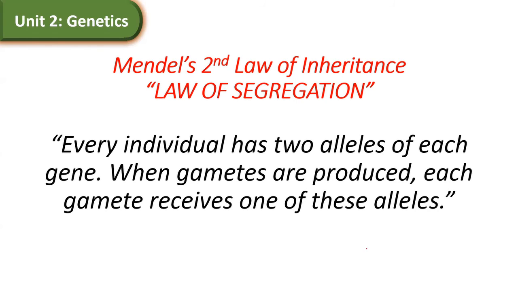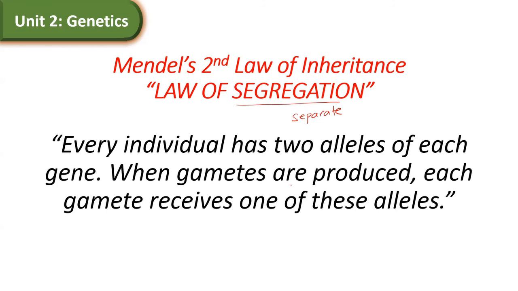So the next law of Mendel in his laws of inheritance is the law of segregation. Segregation meaning separate. It states that every individual, every organism, every plant, every animal, every person has two alleles of each gene.